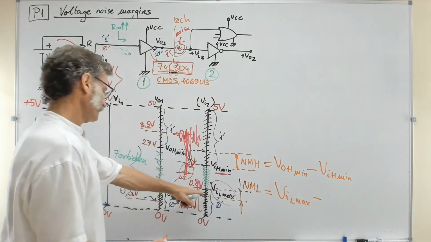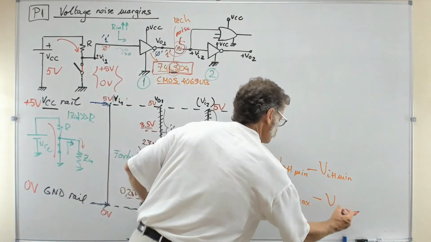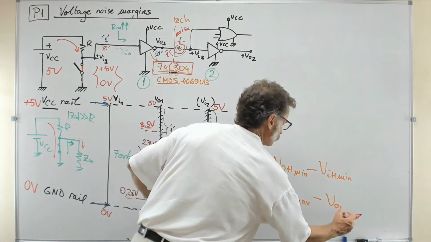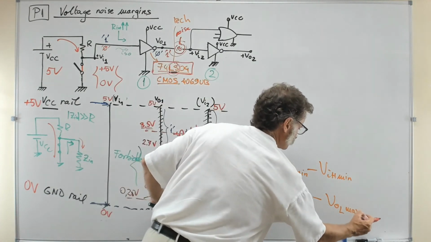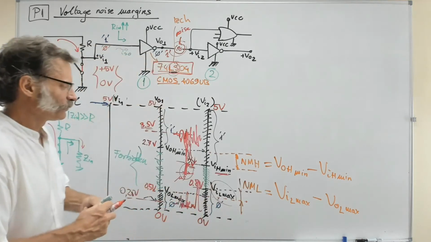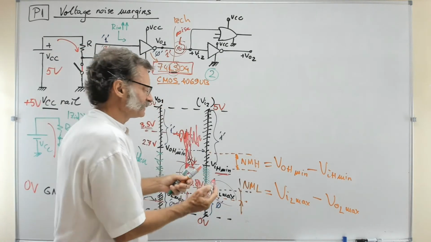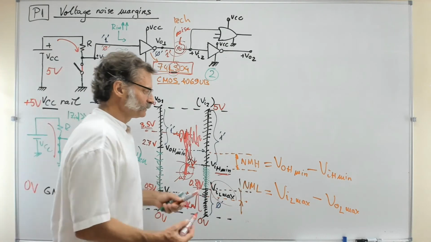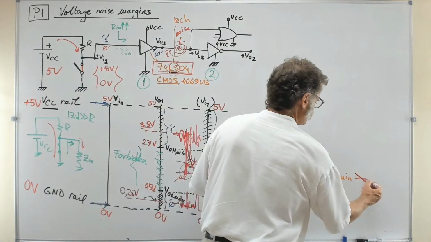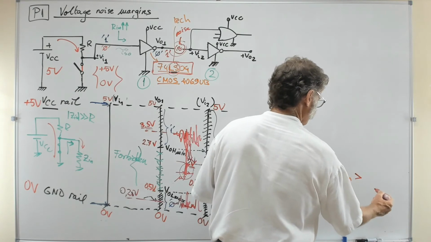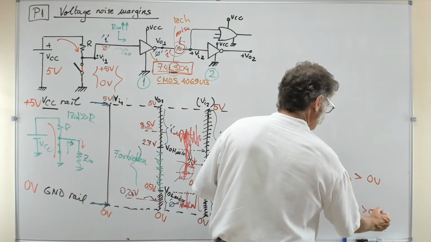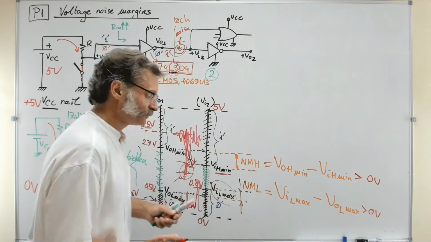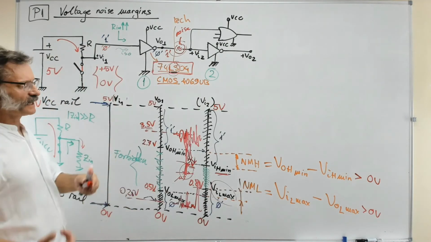Minus that one, VOL maximum, the same. So that's the formula, or that's the definition, and if it has to work, you have to guarantee that all the time this difference becomes positive, you see, strictly positive, because if it's zero you have a problem, if it's negative you have more problems.